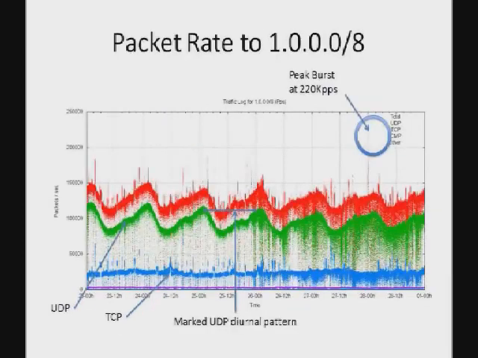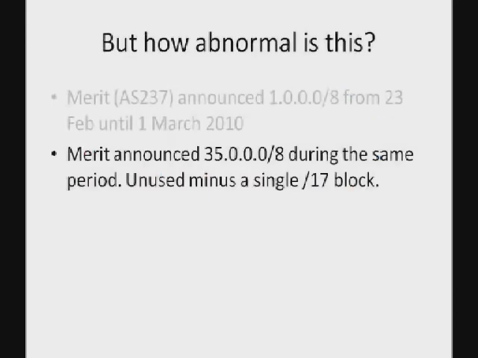Here's the packet rate. There are some peaks as high as 200 kilopackets per second. We believe those to be scanning events, somebody just trying to scan 1/8. But even on average, we're looking at about 150,000 packets per second.